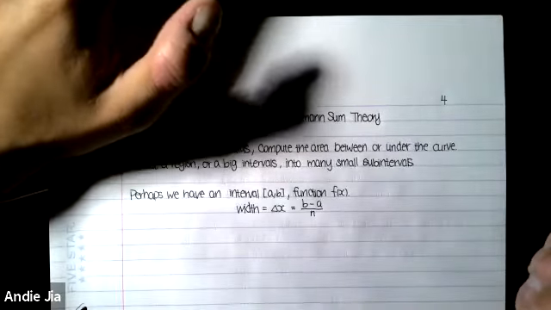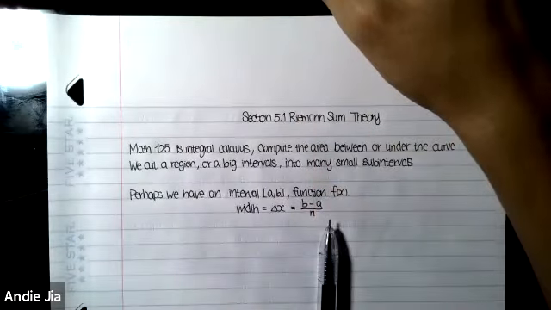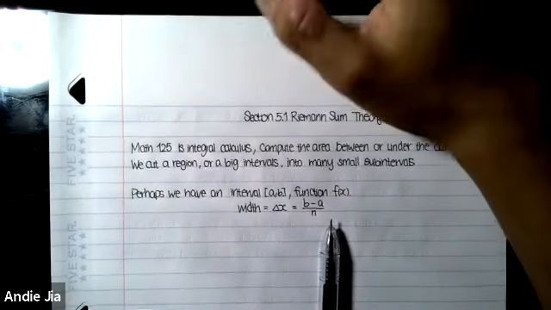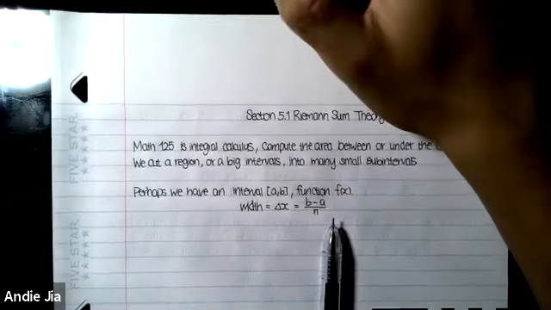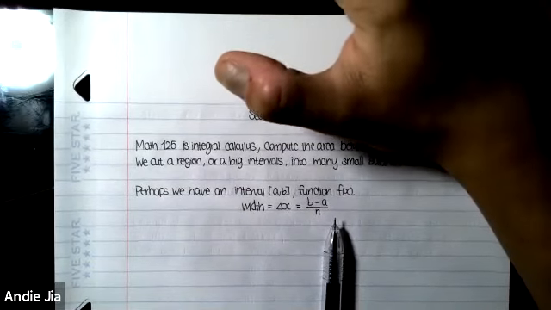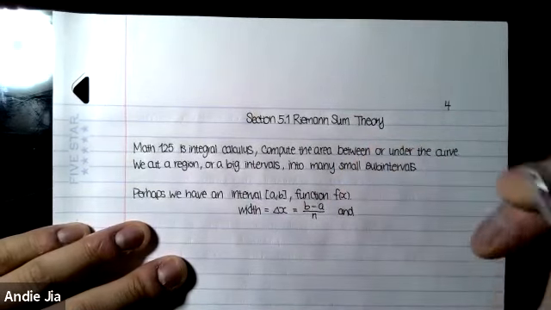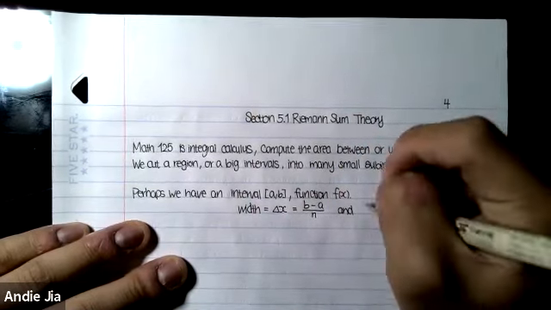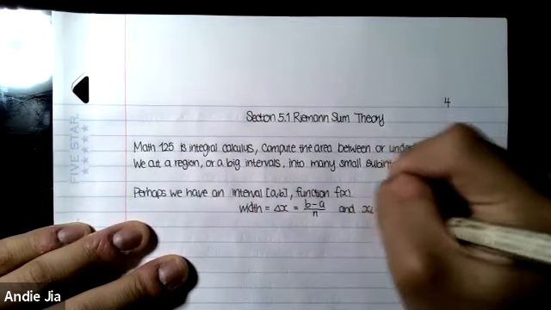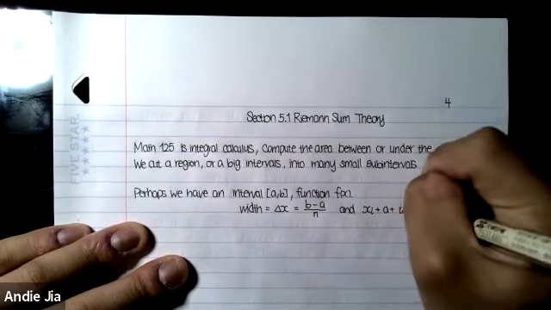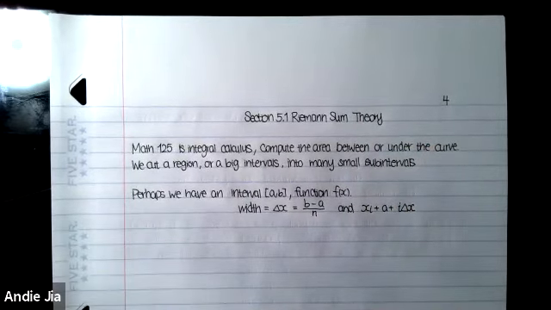And the ith subinterval endpoint is equal to a plus i delta x.